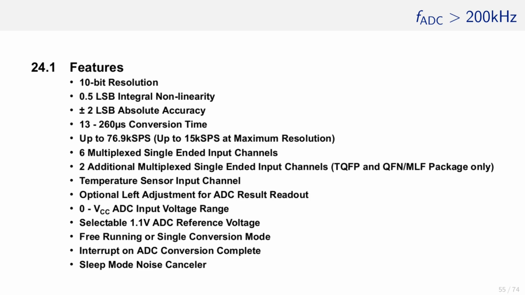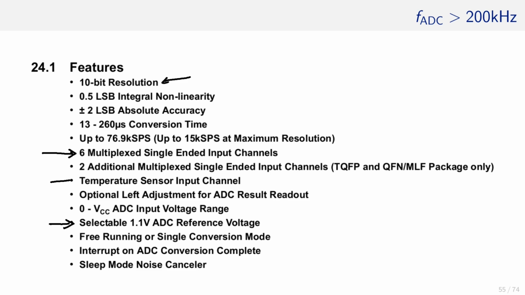Let's have a look at the datasheet in which the specifications for the ADC are listed. We have the 10-bit resolution. Check. We have the 6 channels. Check. We have the voltage reference. Check. We have the temperature sensor and many more.